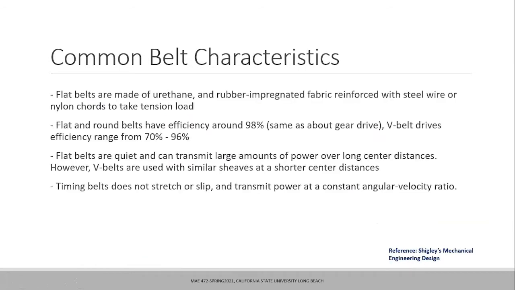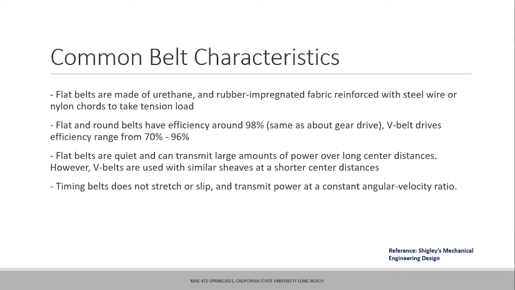Then we went through the material aspect, what are the common materials that are used for the belt drives. For flat belts, we generally have urethane and rubber impregnated fabric, which is reinforced with steel wires to have the necessary strength for transmitting the torque. You generally have efficiency of around 98%, which is almost similar to gear drive for flat and round belts.